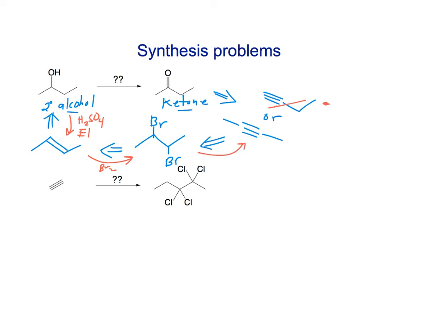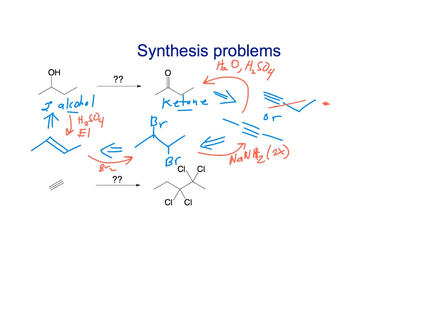We use sodium amide 2 times, right? And then from there over to here, we just need to use water and sulfuric acid. All right, so now we've done that. How many reactions do we have? 1, 2, 3, 4 reactions is the length of our synthesis.